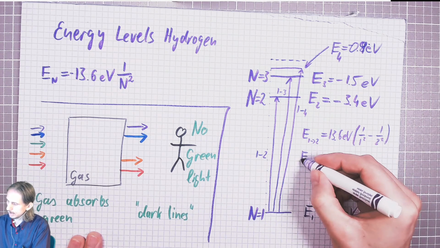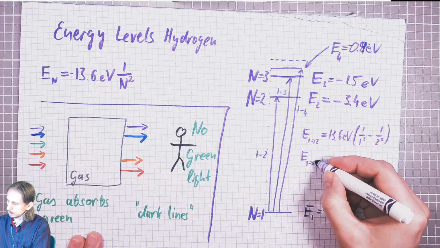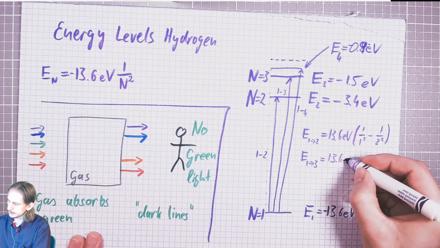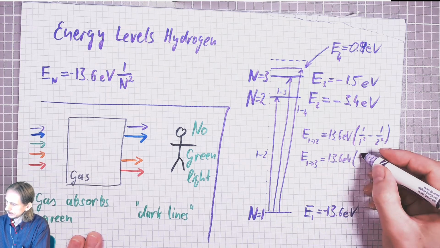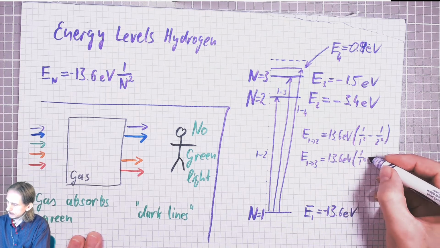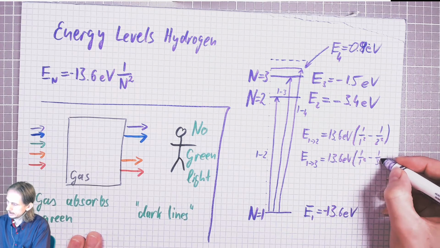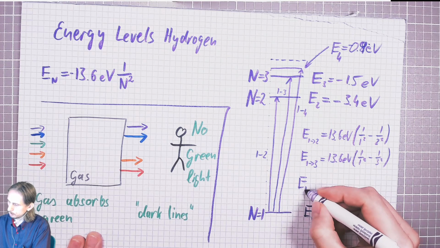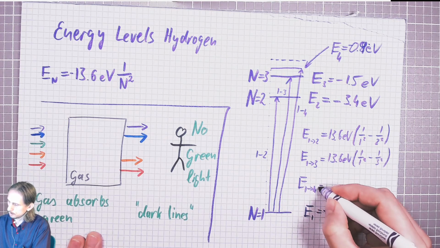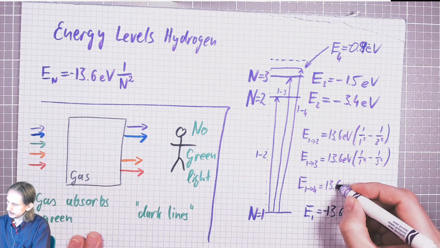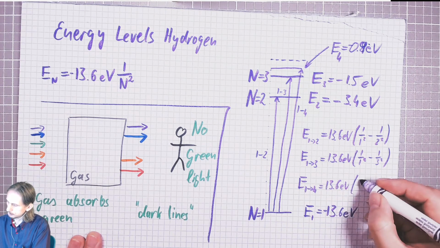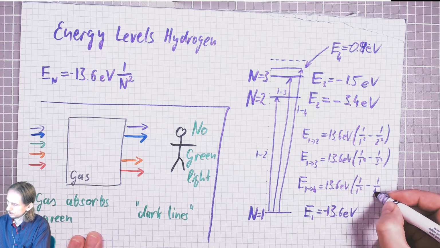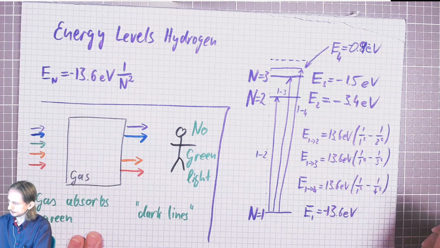If we wanted to calculate what the energy is for going from 1 to 3, you would say that's 13.6 electron volts times 1 divided by 1 squared minus 1 divided by 3 squared. E going from 1 to 4, that would be 13.6 electron volts times 1 divided by 1 squared minus 1 divided by 4 squared.